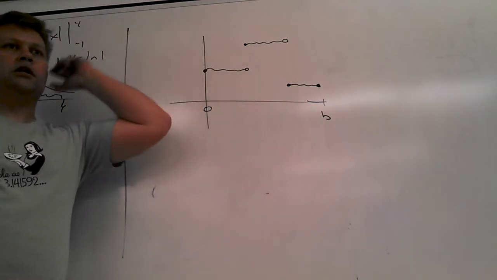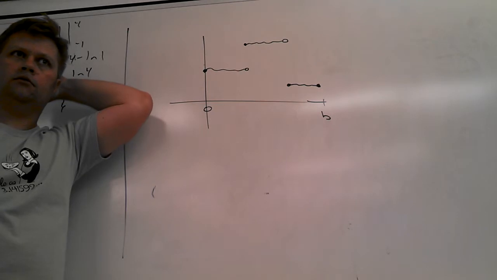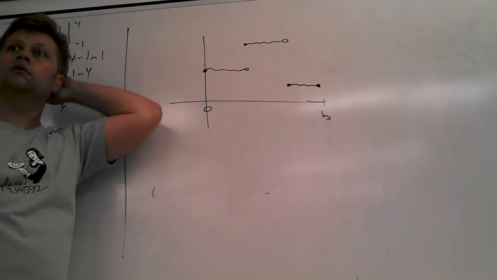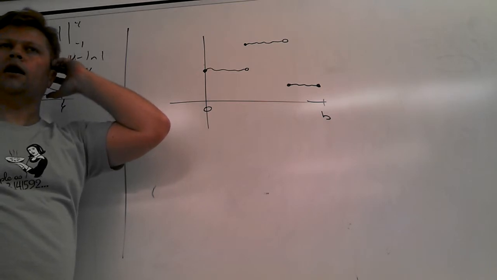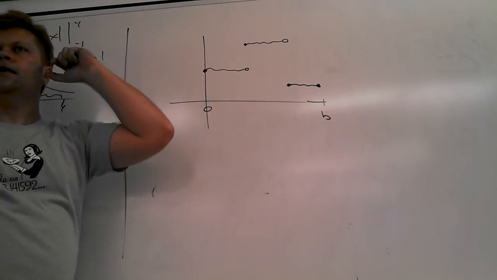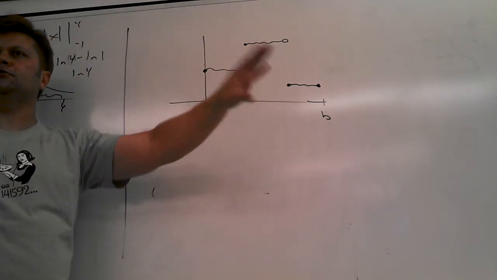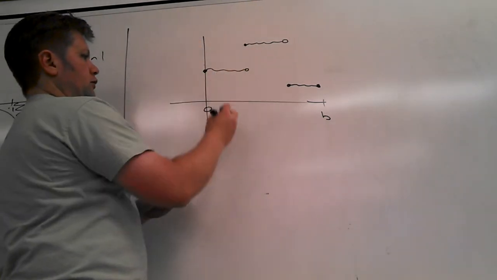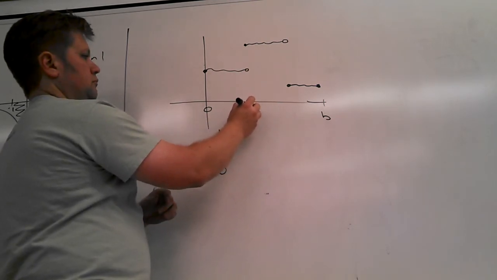Now this is discontinuous, right? But how could you handle this anyway? The sum of individual ones. You don't integrate from 0 to b, you integrate from 0 to that point.